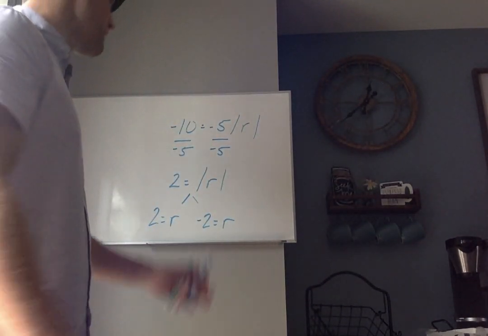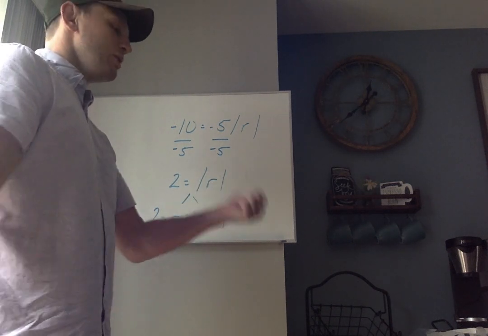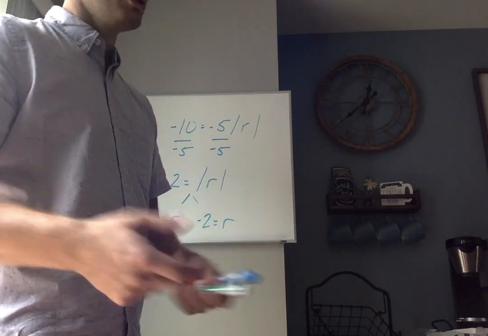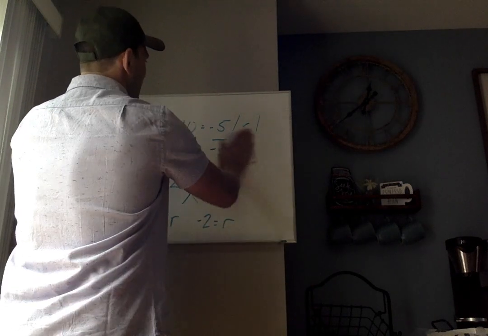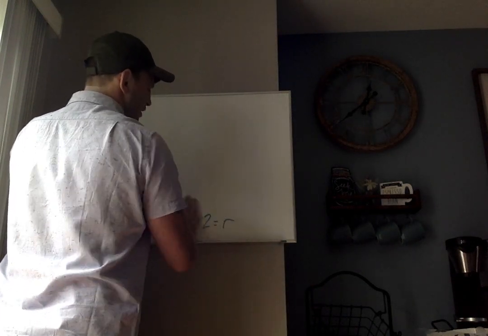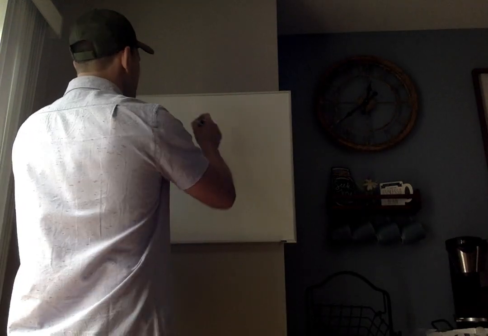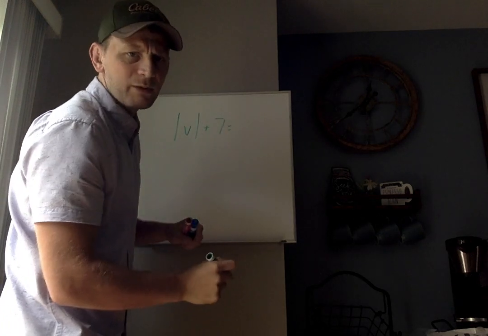Now, do I have to do that from the beginning? No. Absolute value equations can have no solution, they could have 1 solution, or they could have 2 solutions. But you have to know how to solve these so you can determine it when asked. This one says the absolute value of v plus 7 equals 7.